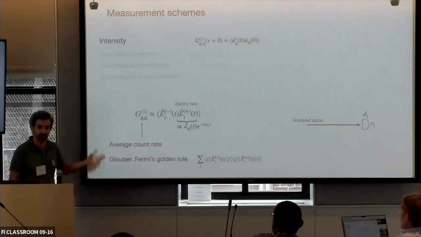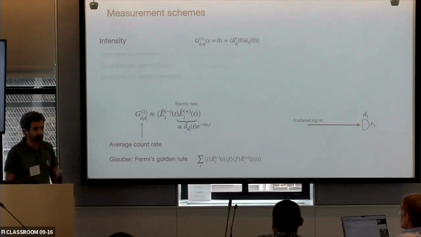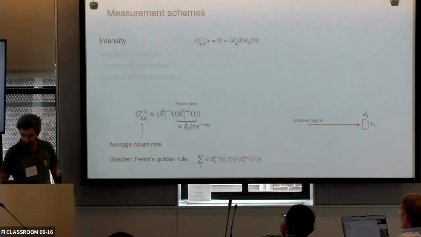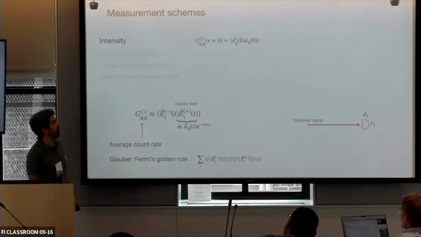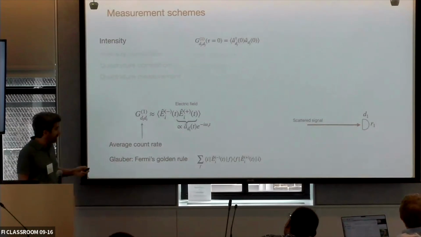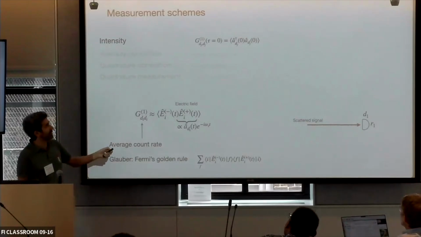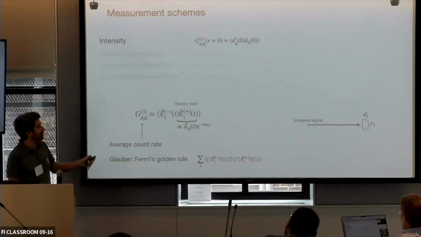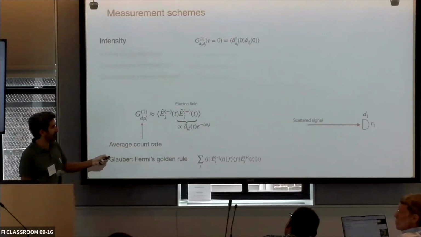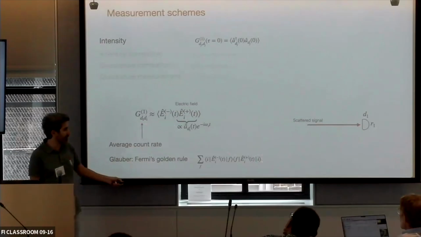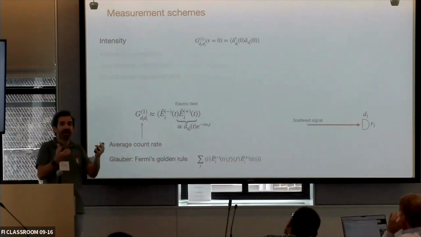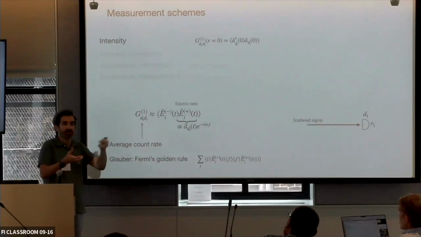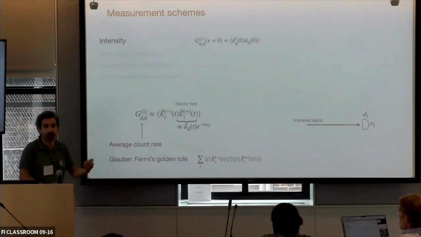It's a mixed audience, so I thought it might be a good refresher on what the photonic correlation functions are and how we can measure them. The first one is intensity. A is the annihilation of a photon, and A dagger its creation. Think of Fermi's golden rule: I have some matter that can absorb light and generate something electric, like a photocurrent, or a two-level system that absorbs light.